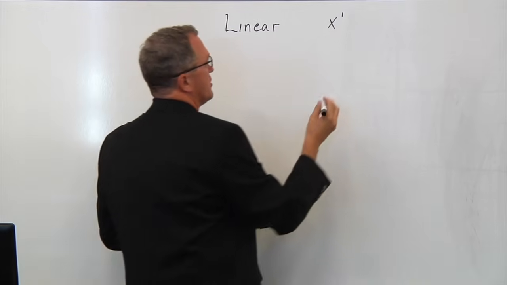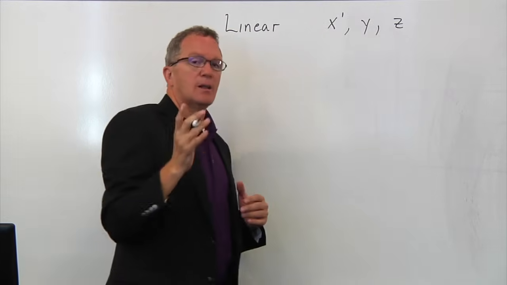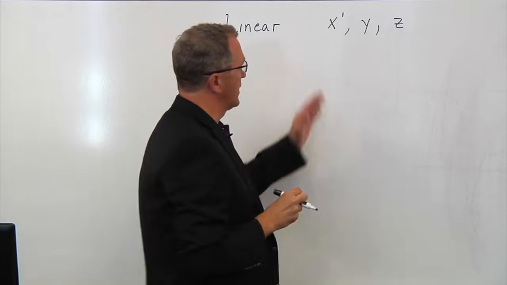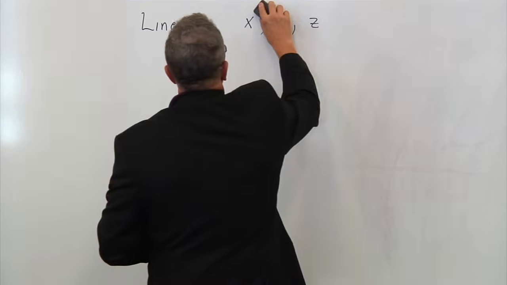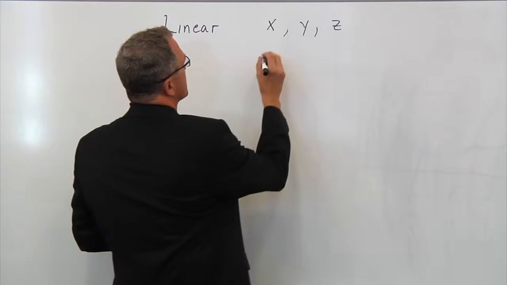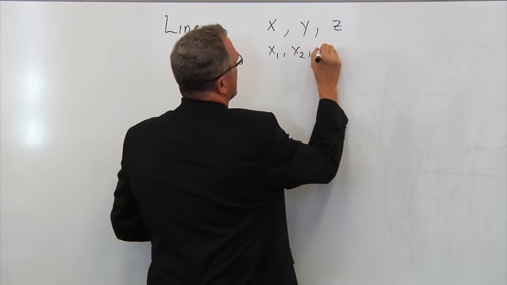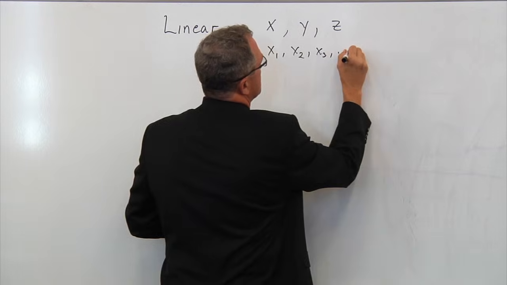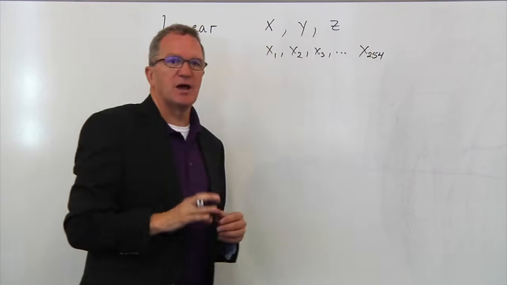If we have multiple variables, you could have y, z. A lot of times, if we have more than two variables, we'll give them more unique names like x sub 1, x sub 2, x sub 3, all the way out to x sub 254, depending on how many variables you have.